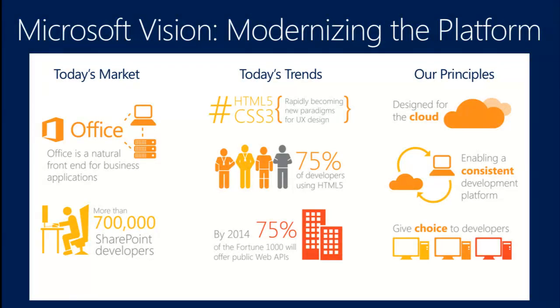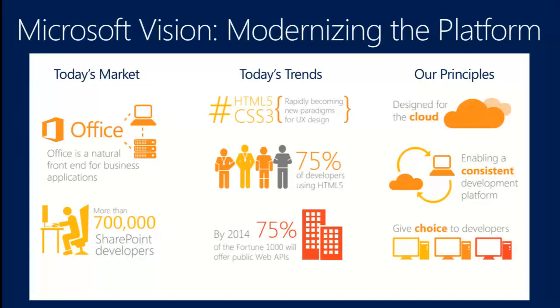When you look at this slide, what we're trying to show you is that the landscape for applications is changing, and the SharePoint product group had to change with it. This is what they've come up with as the platform for building it, and we think they've done a pretty good job abstracting it. We'll walk you through what exactly that is. The other important one is that bottom one there: give choice for developers. We realize that not everybody is building on the same type of platform.